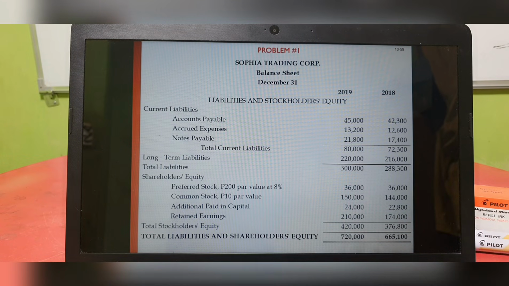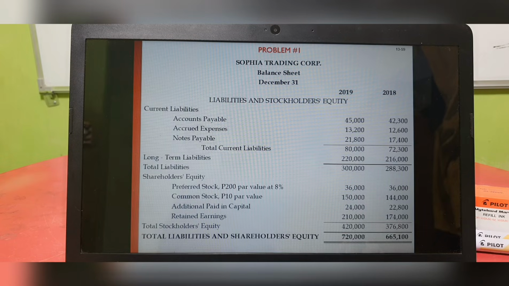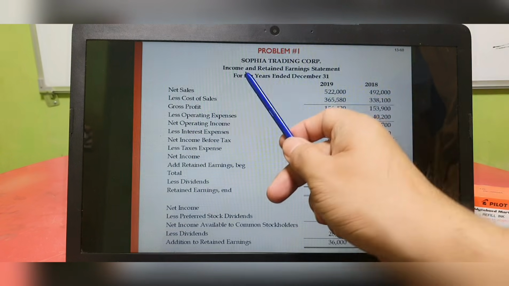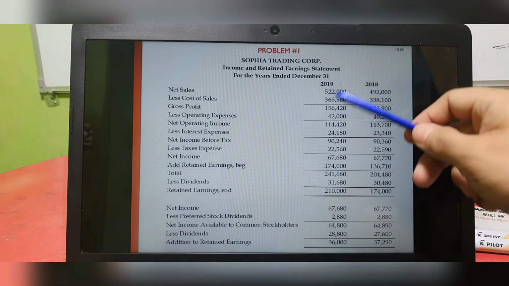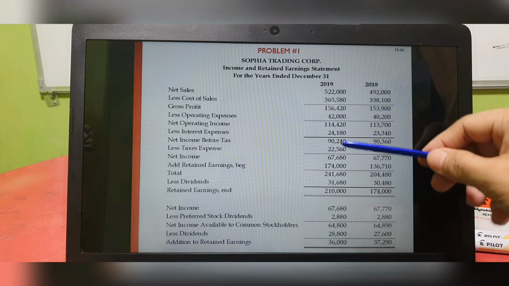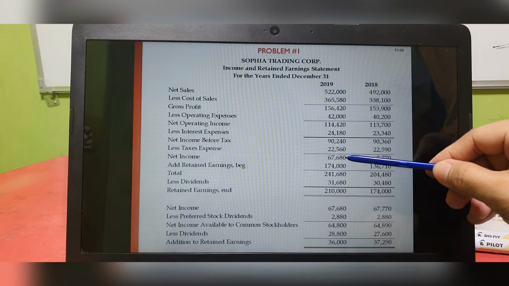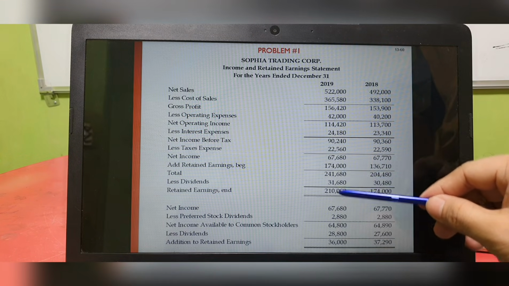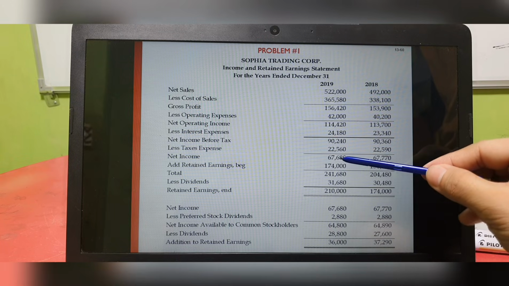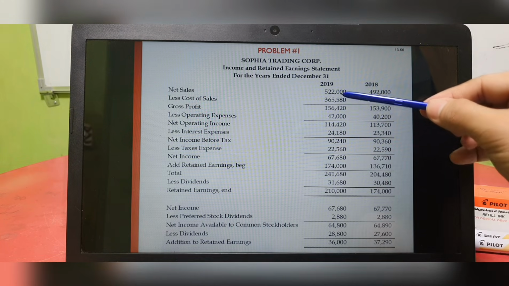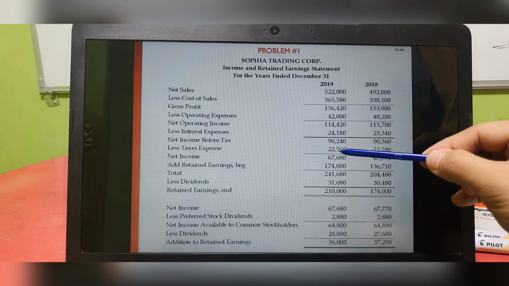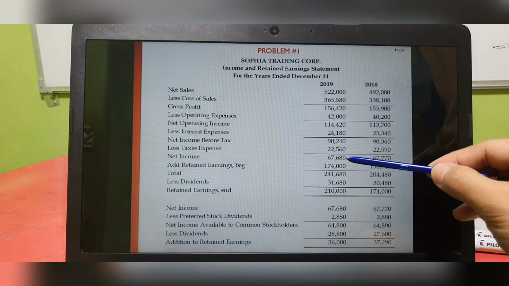Okay, so those are the data or details in your balance sheet. Screenshot please. Now, screenshot please for the income and retained earnings statement. So, we have here na net income na 67,680 and some details here regarding our retained earnings. We have the net income here. Now, from sales minus the cost, minus the OPEX, interest, and taxes, we have the net income after tax.